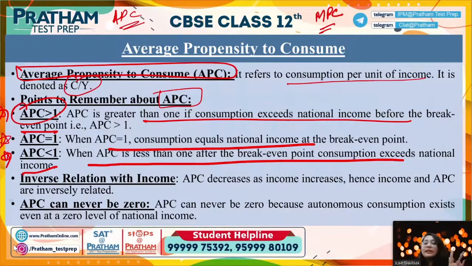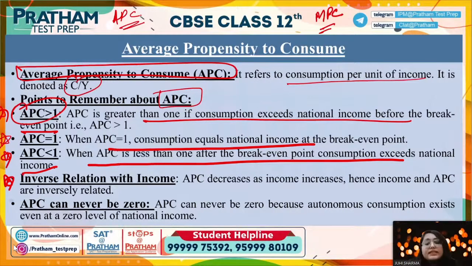So basically, there are three criteria, three situations. Either APC will be equal to 1 when consumption is equal to national income at the break-even point, APC is greater than 1 when the consumption exceeds the national income, and APC is less than 1 when the consumption is less than the national income, right? Now, you need to know, as Arpit was saying, that there is an inverse relationship between this and income, right?